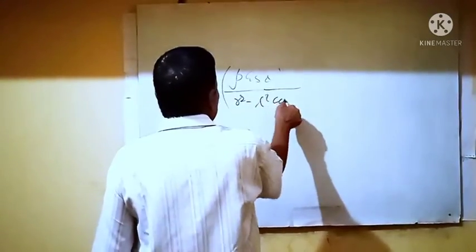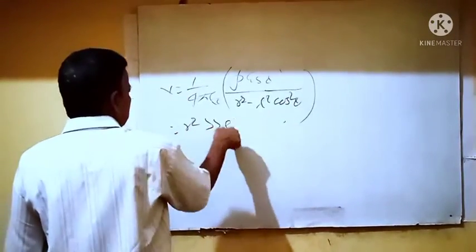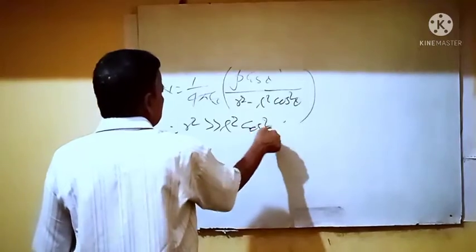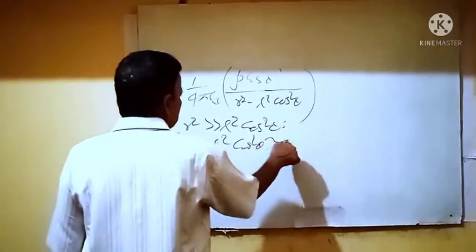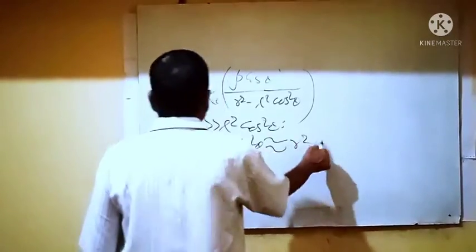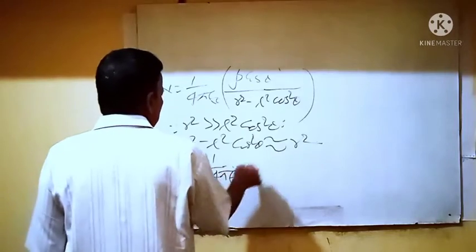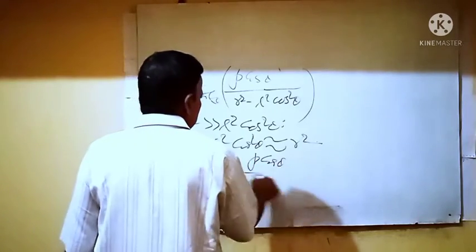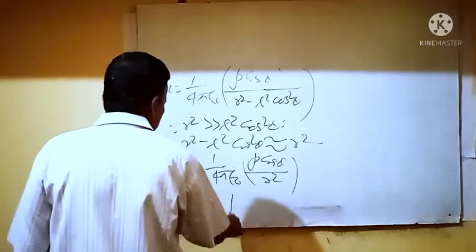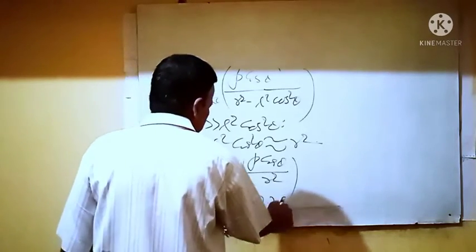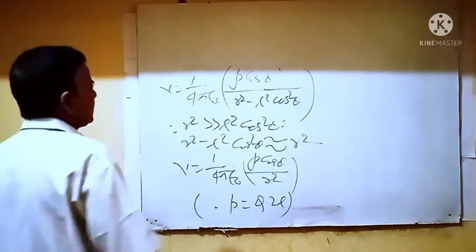V is equal to 1 by 4 pi epsilon naught, P cos theta divided by r square, where P is equal to Q into 2L.